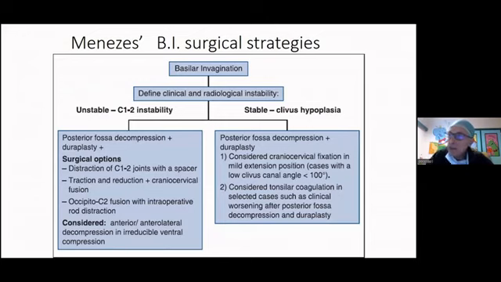Menezes criteria is very similar to the more modern common strategies. When irreducible: decompression and then stabilization and fusion. When reducible, decompression is not mandatory, but strongly suggested, along with 100% indicated instrumentation and fusion.